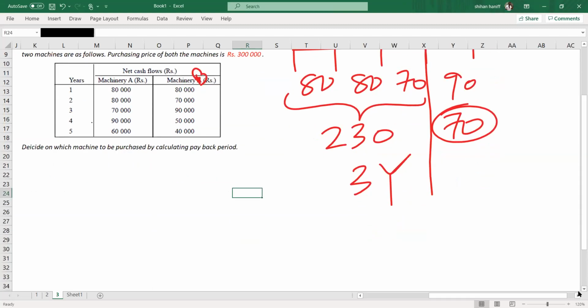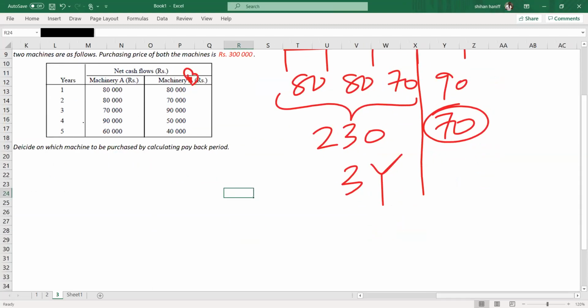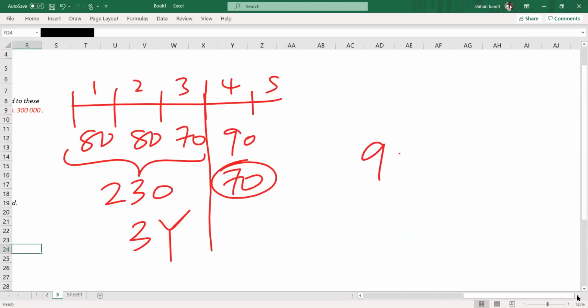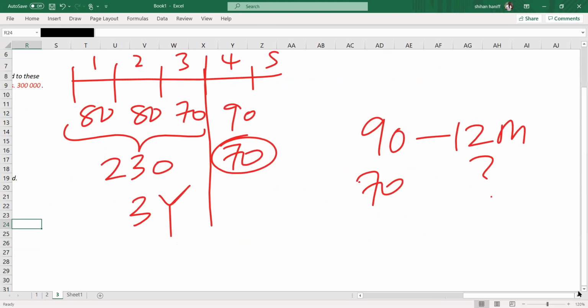So in year 4, we are getting 90,000 for 12 months. So how many months will it take to get 70,000?